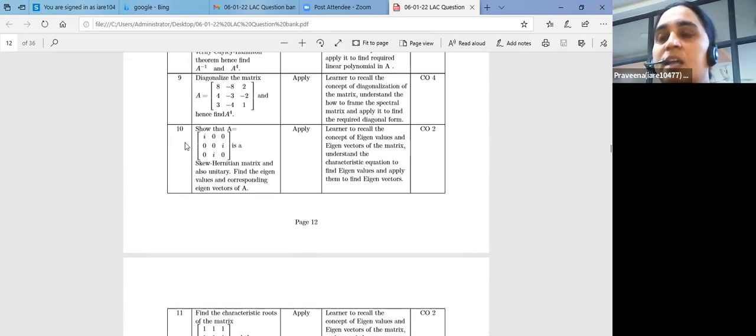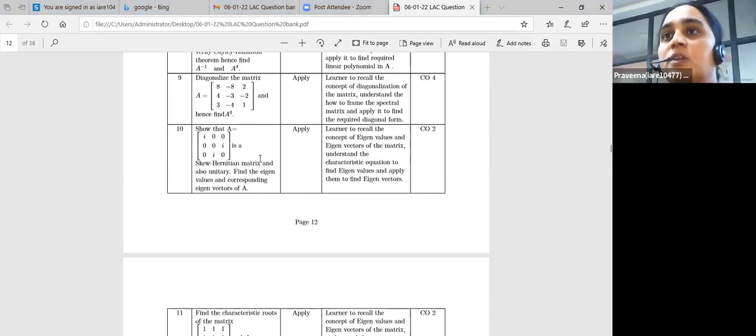Okay, show that A equal to [i, 0, 0; 0, 0, i; 0, i, 0] is a skew Hermitian matrix and also unitary. Okay, what is skew Hermitian? Tell me. Skew Hermitian means what? Tell me, anyone answer.